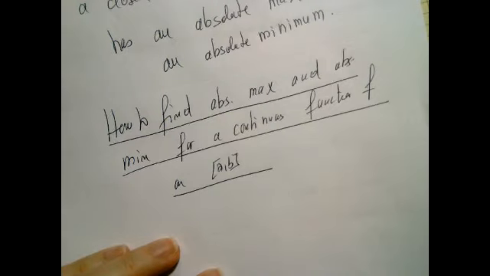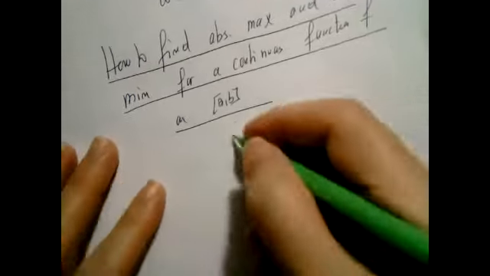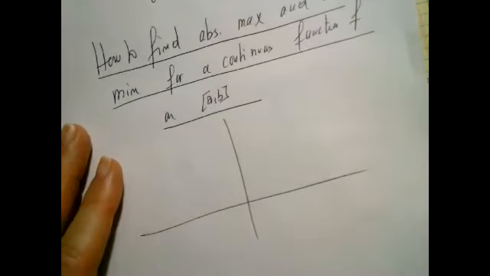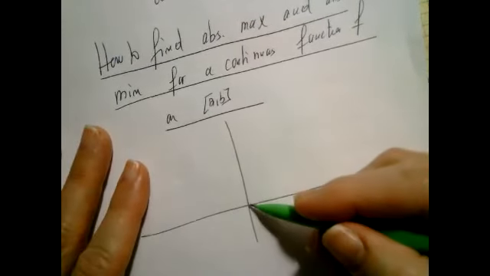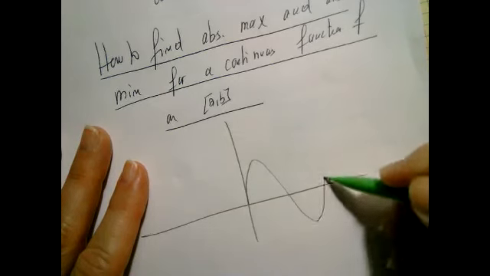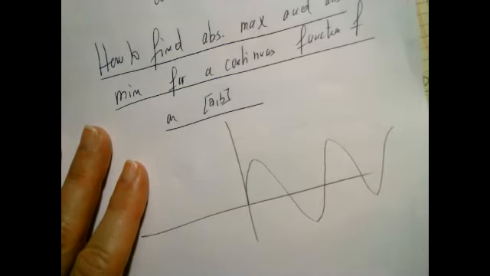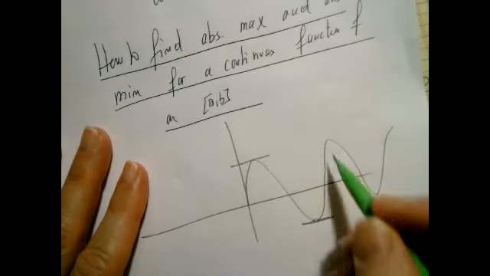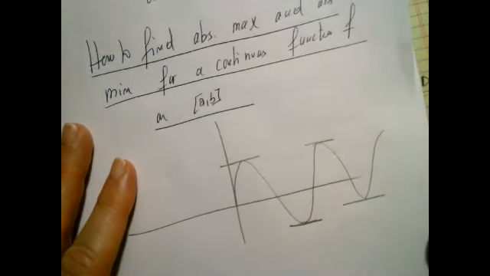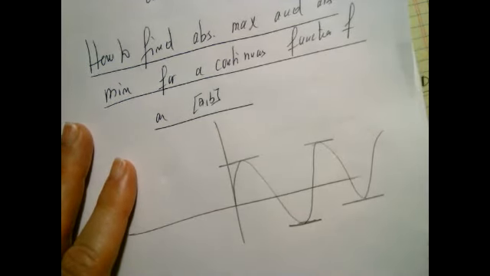Oh yeah, of course they do, because if I graph them, they have tons of them. You guys can ask any question you want. So those are trig functions. Here, here, here, here. Yeah, tons of them.